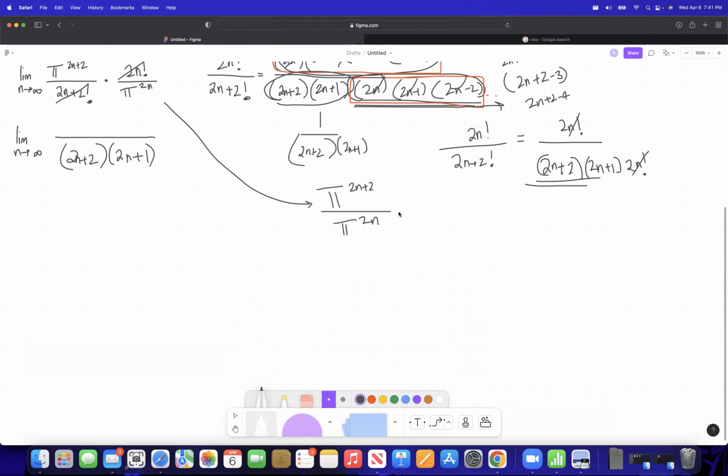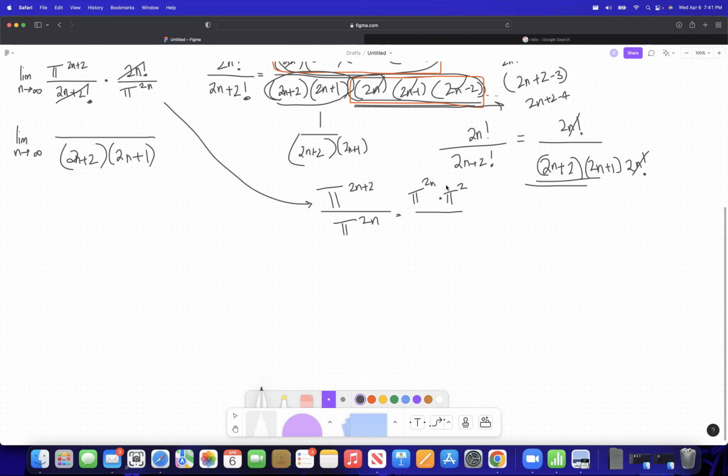So what can we do here? Well, remember that if I had, let's say, a to the 2n minus 1, or actually that's probably a bad example, but all I'm trying to say here is that this top guy can be separated as 2n times pi squared. Why is that? Because when you multiply them, you add the exponents, right?